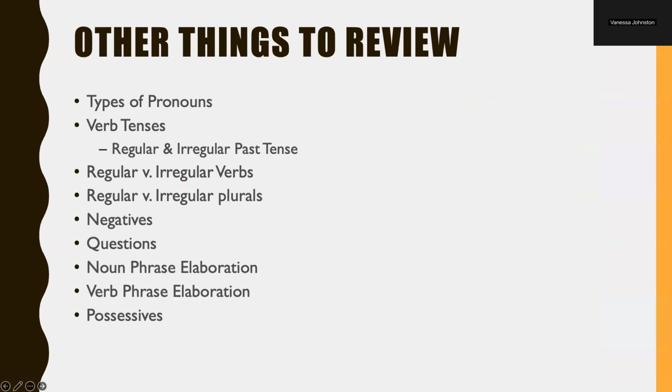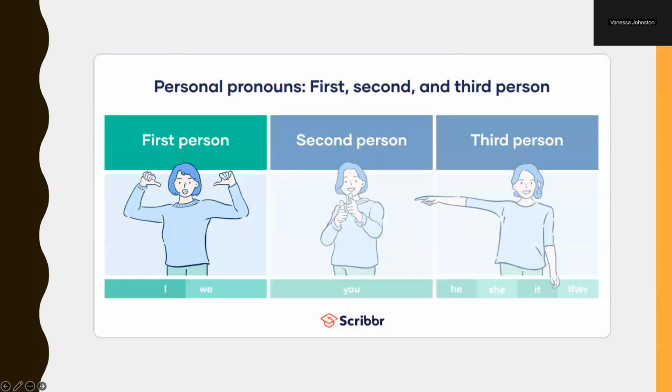Other things to make sure you review: types of pronouns, verb tenses, regular versus irregular verbs, regular and irregular plurals, negatives, questions, noun and verb phrase elaboration, possessives. So personal pronouns, if you remember, we have first person, second person, and third person.